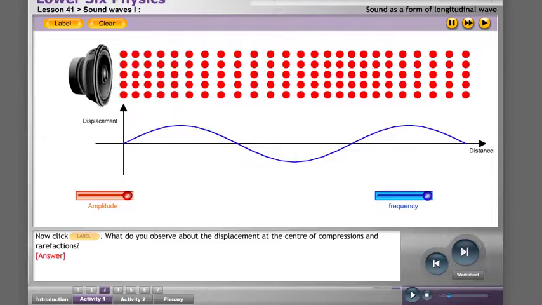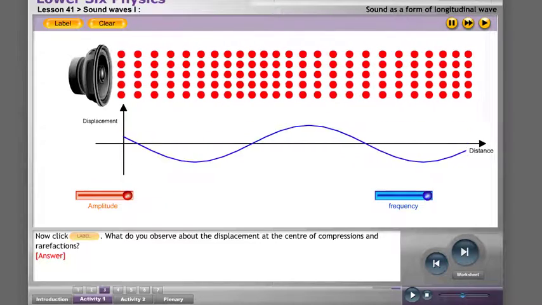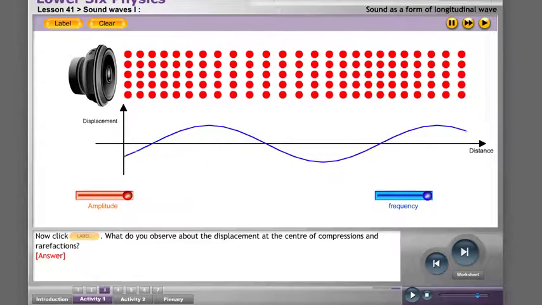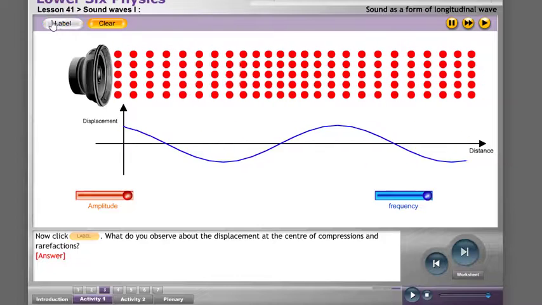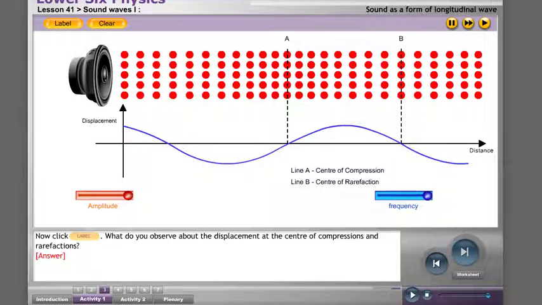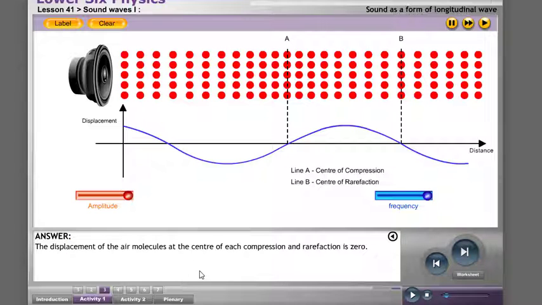Now, click Label. What do you observe about the displacement at the center of compressions and rarefactions? Answer: the displacement of the air molecules at the center of each compression and rarefaction is 0.